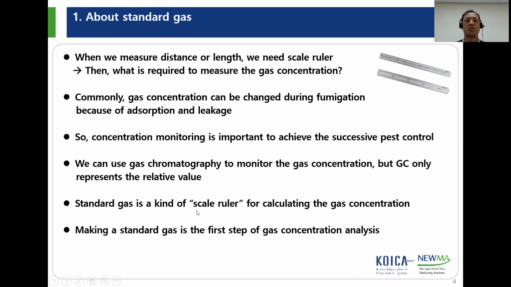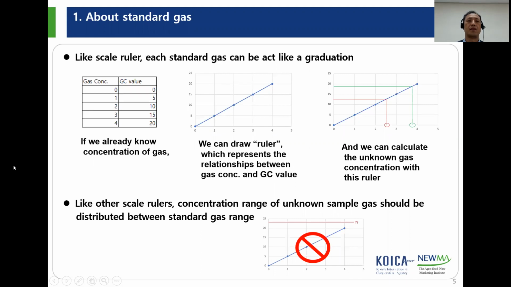Standard gas is a kind of scale ruler for calculating the gas concentration. Making a standard gas is the first step of gas concentration analysis. Like a scale ruler, each standard gas acts like a graduation.